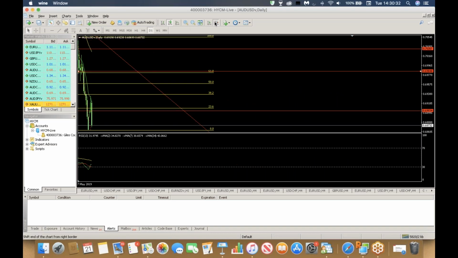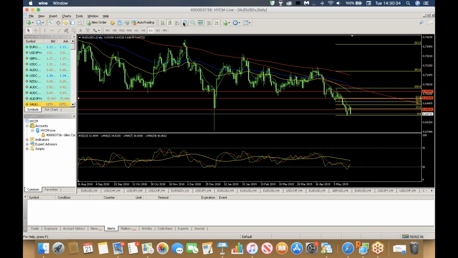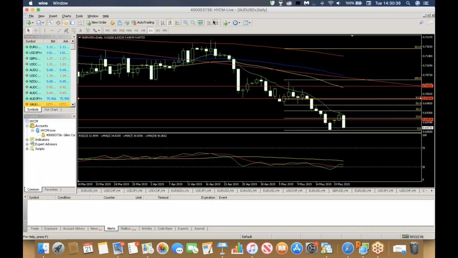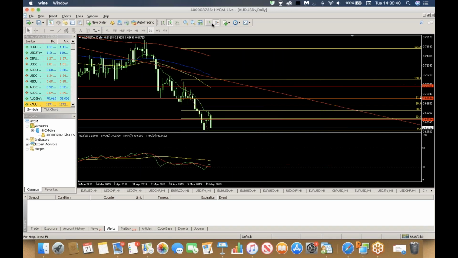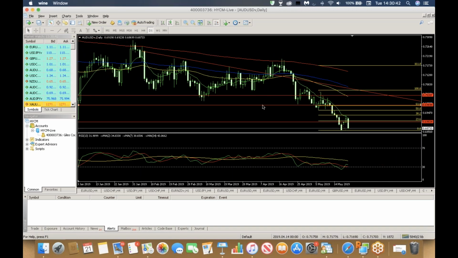Looking at the daily chart, this is a trade that I'm looking to get into. It's a longer term swing trade, and I'm looking at a return to this kind of level up here. I'm looking at roughly 0.700, which is a big round number.